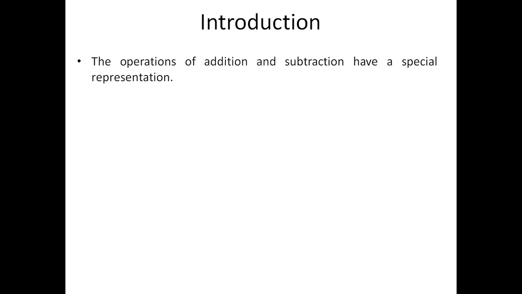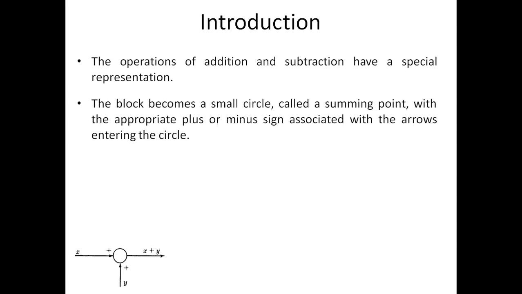The operations of addition and subtraction have a special representation. The block becomes a small circle. So this small circle is called a sum point, with the appropriate plus or minus sign associated with the arrow entering the circle. So here x and y are the signals entering this circle along with their plus and minus signs.